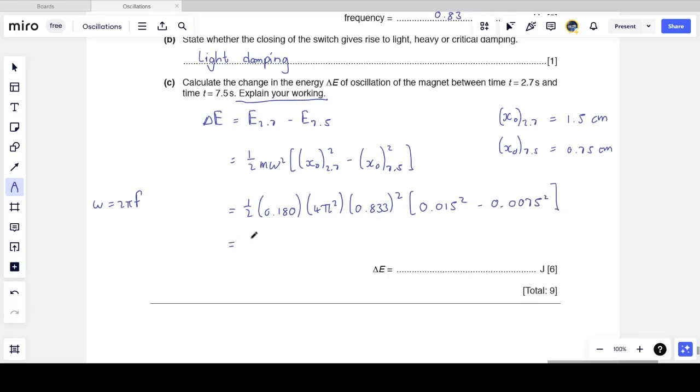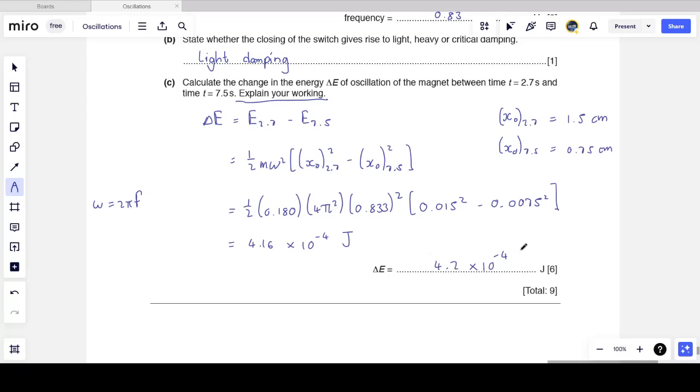And so what I get is that the difference in energy between 2.7 and 7.5 seconds is 4.16 times 10 to the minus 4 joules. In two significant figures, this is 4.2 times 10 to the minus 4 joules.